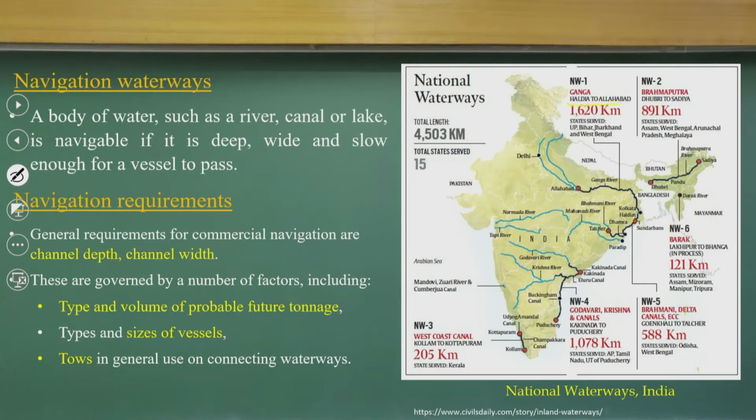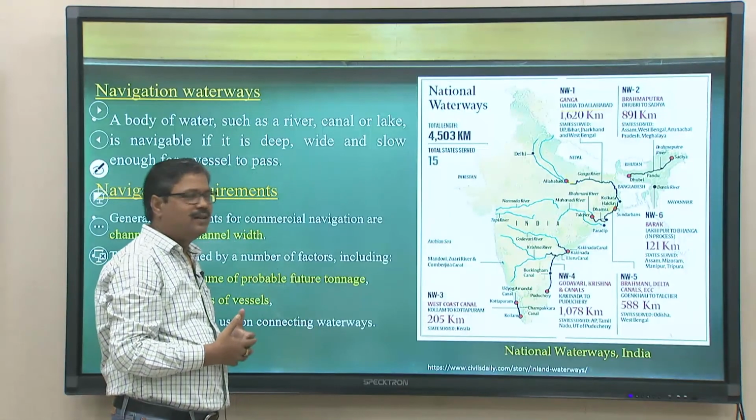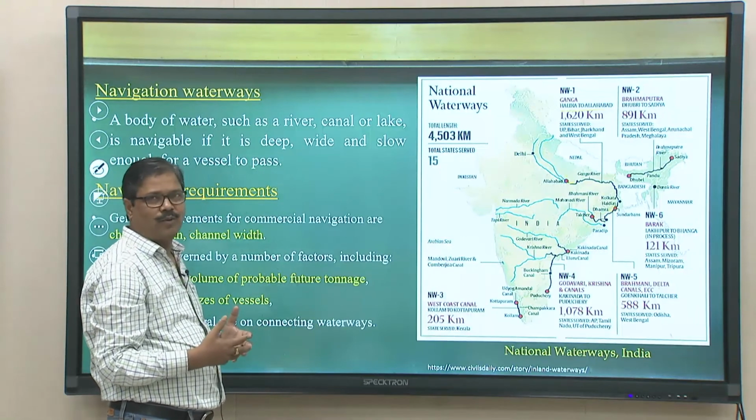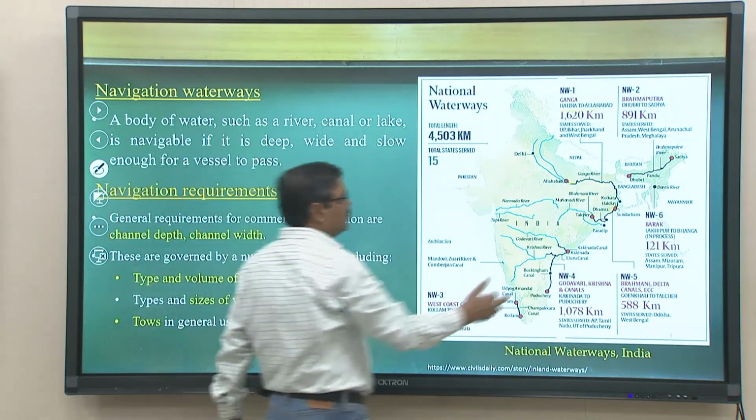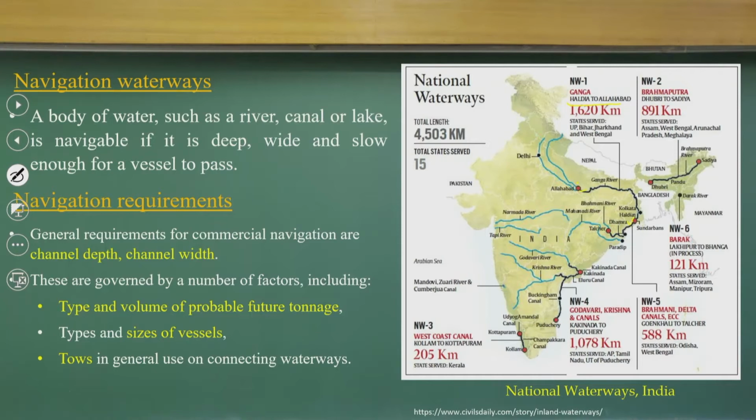So, from Haldia to Allahabad we have the river system that we can use. We have been using it as National Waterway 1 to transport goods from Haldia to Allahabad, and that covers states like UP, Bihar, Jharkhand and West Bengal.